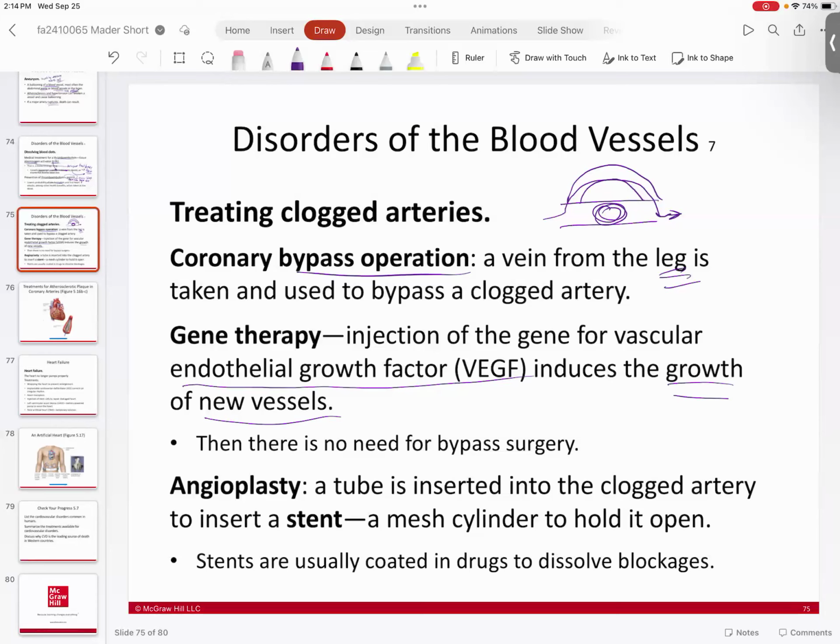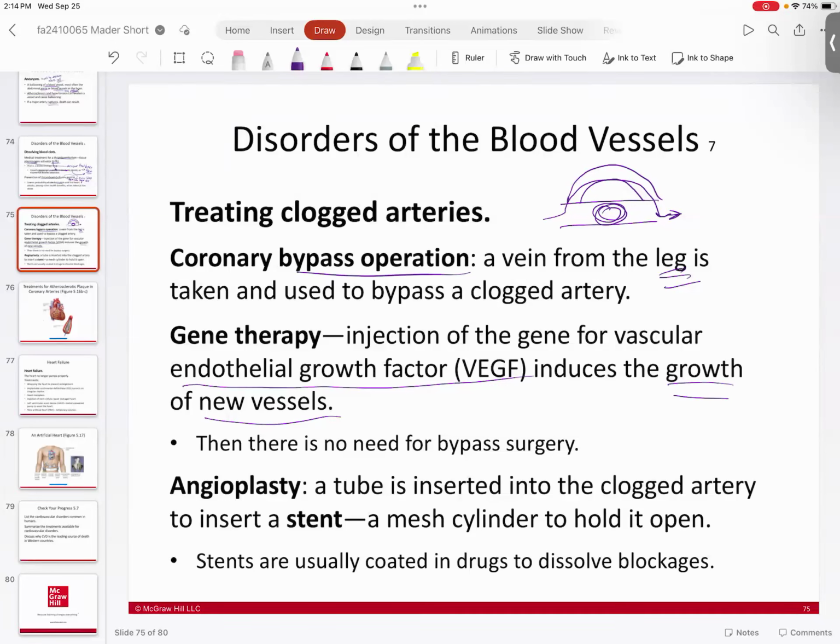It's the same idea, only you grow new vessels around that area. This is less common. By the way, in all my years in cardiology, we never once had a gene therapy patient, because there's a lot of experimentation with gene therapy. Sometimes it works, a lot of times it doesn't. It's easier to have a bypass.